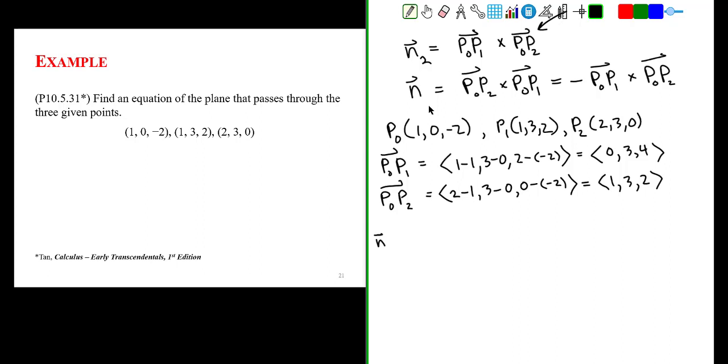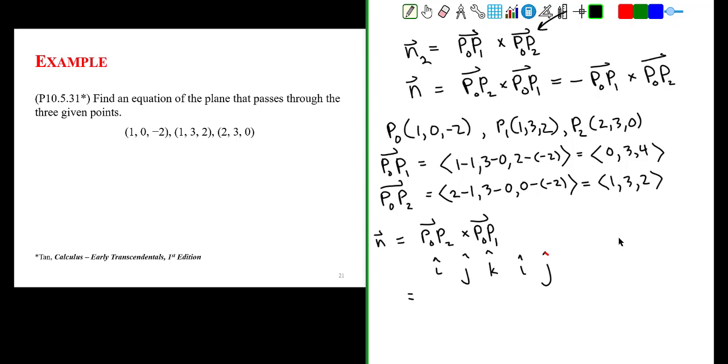To calculate our normal vector, we are going to compute the cross product between vector P0 to P2 and P0 to P1. For this cross product, I'm going to use the 5x3 matrix technique to help me calculate it. In doing this, remember the columns correspond to the components.